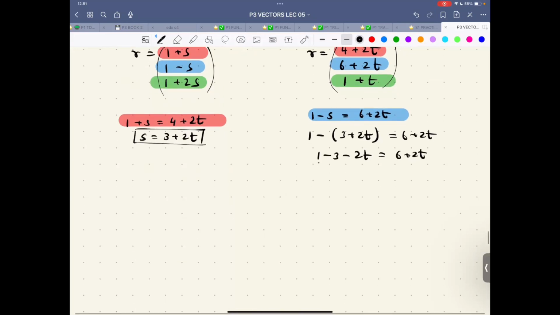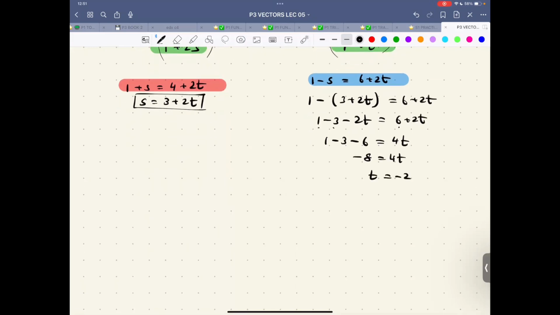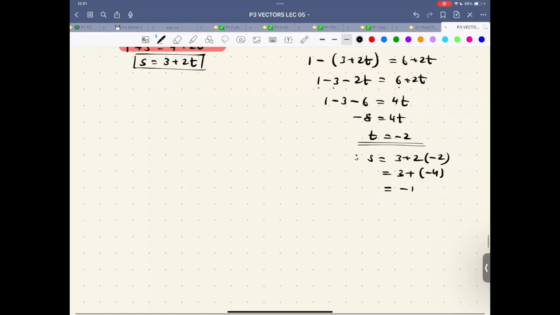So therefore 1 minus 3 minus 6 equals 2t plus 2t, which is 4t. So negative 9 plus 1 is negative 8, equals 4t. Therefore t comes out to be negative 2. Therefore s comes out to be 3 plus 2 times negative 2, that is 3 minus 4, which is negative 1. So t is negative 2, s is negative 1.